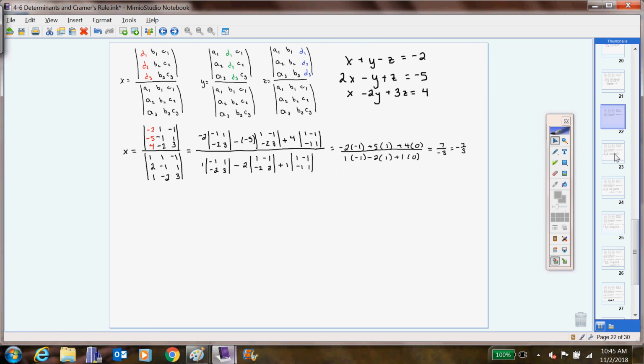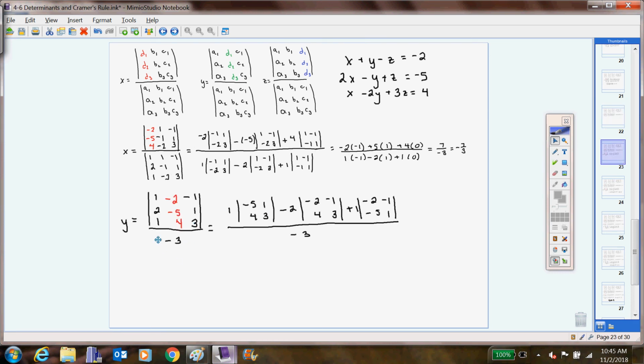We're going to tackle y now. Notice we already found that negative 3 was in the denominator. We can keep that. We don't have to recalculate it. This is the one that's replaced because we're solving for y. Once again, 1 times this determinant minus 2 times this determinant plus 1 times this determinant.